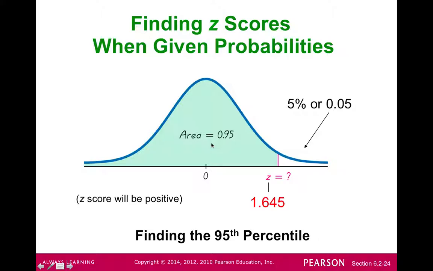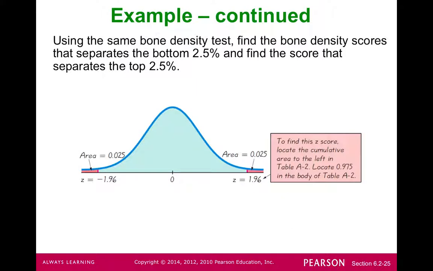So when we look up 0.95 on our z-score table, the closest value that we'll find is 1.64 or 1.65. And so what they've done here is they've kind of split the difference, and they're calling that z 1.645.